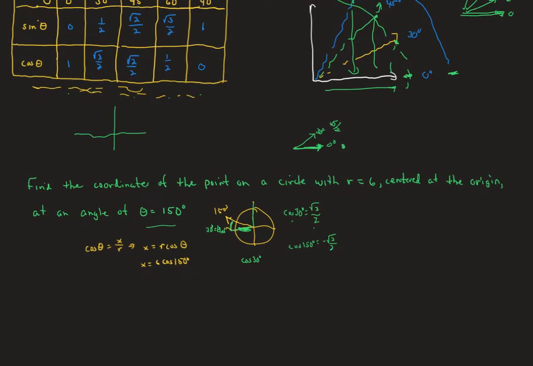Answering the question, the x-coordinate of that point on a circle with radius 6 centered at the origin for an angle of theta equals 150 is 6 times negative square root of 3 over 2. We cancel the 2 and multiply and get negative 3 square root of 3. That's the x-coordinate of that point on that circle. All right, this will take some practice, but we'll get it.